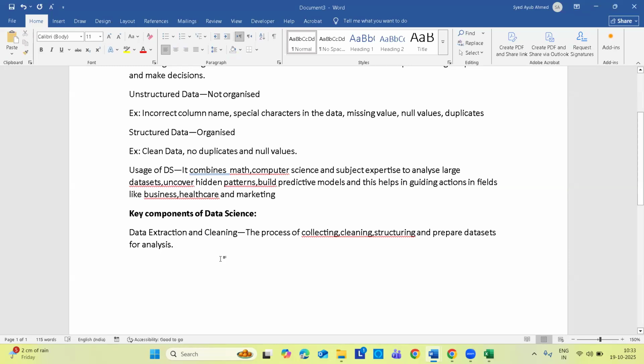Next one will be data analysis and modeling. So how do these things happen actually?